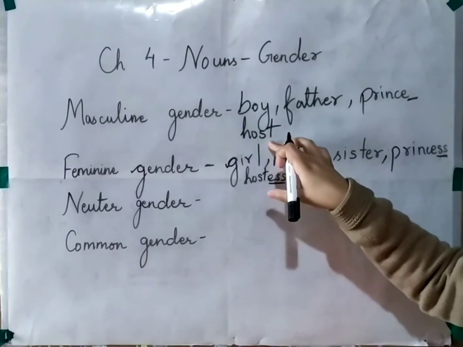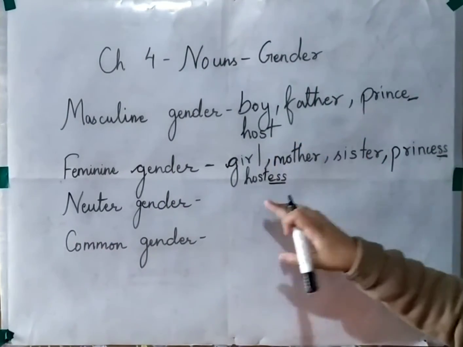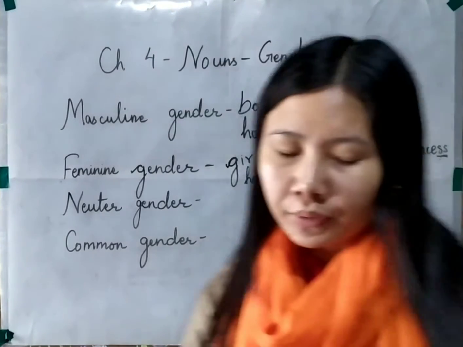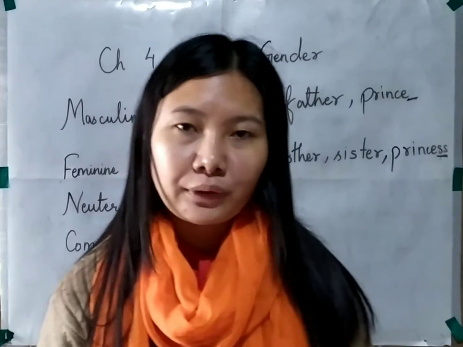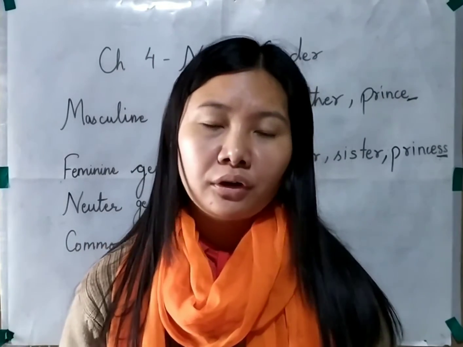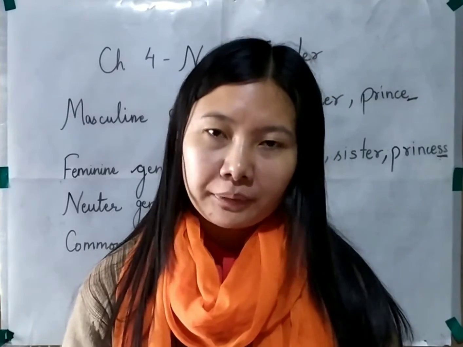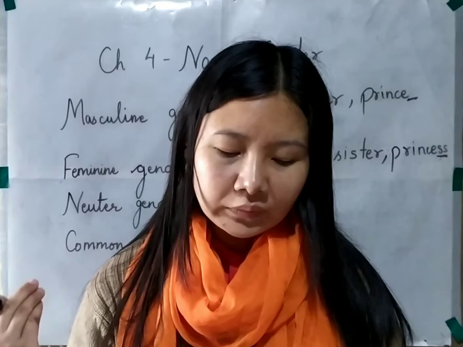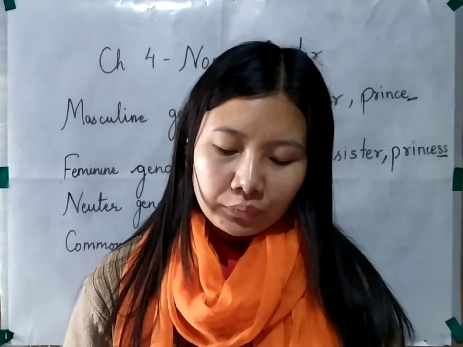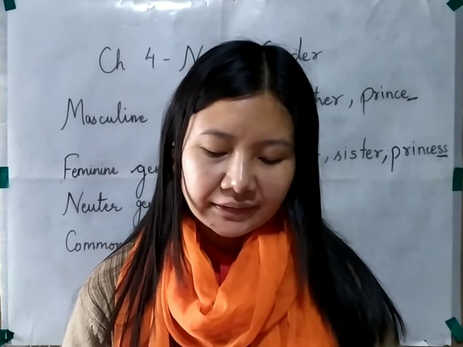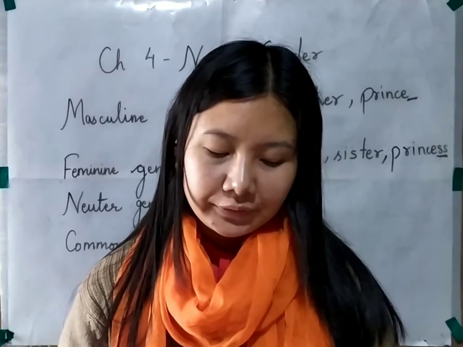This is what the book is also telling us. You can see prince, princess, host, hostess, lion, lioness, tiger, tigress, actor, actress, waiter, waitress.